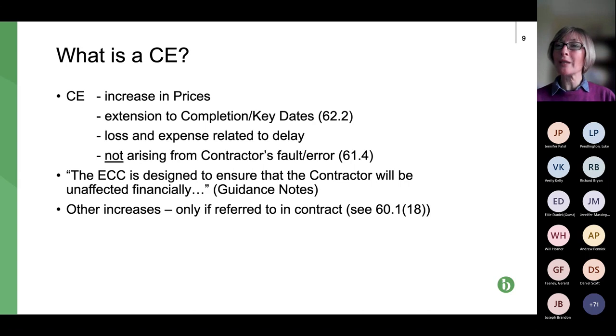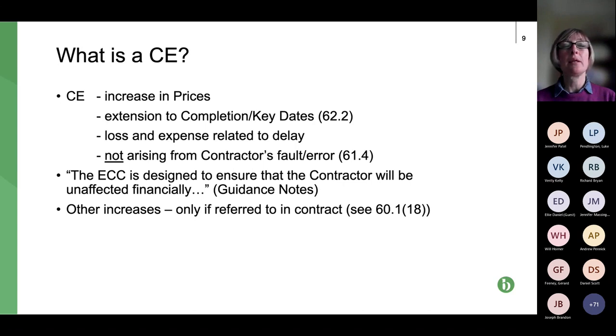So there are three elements which are dealt with separately in JCT: extra work, extension of time, and loss and expense cost relating to that extension of time, all covered within a compensation event. Second bullet point is a quote from the NEC guidance notes.